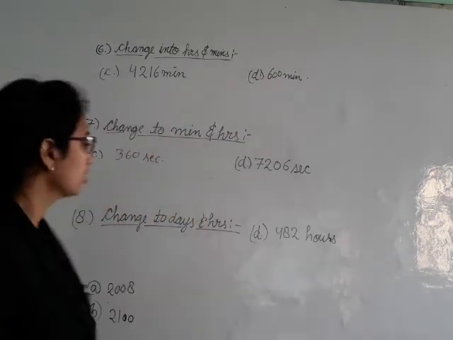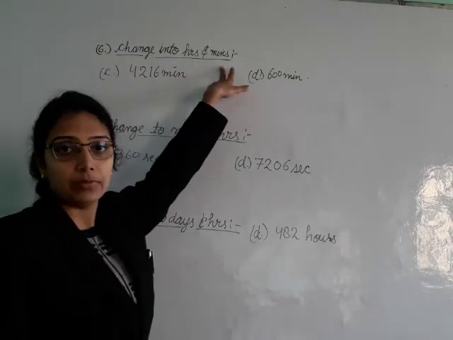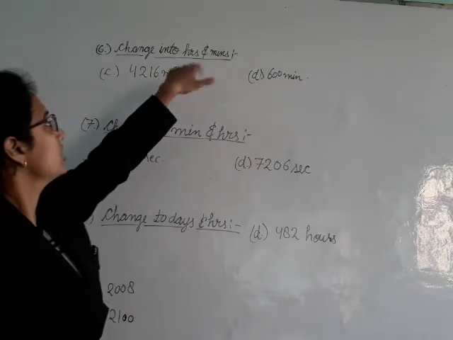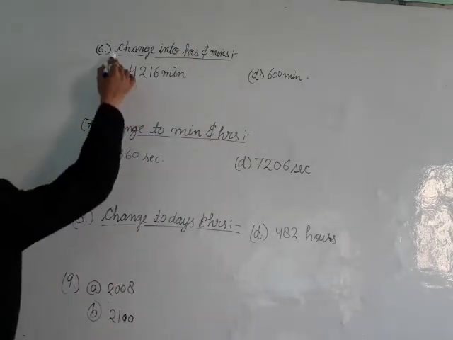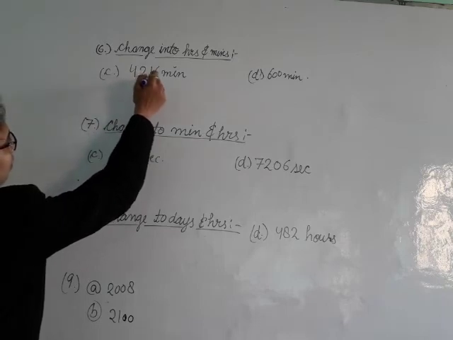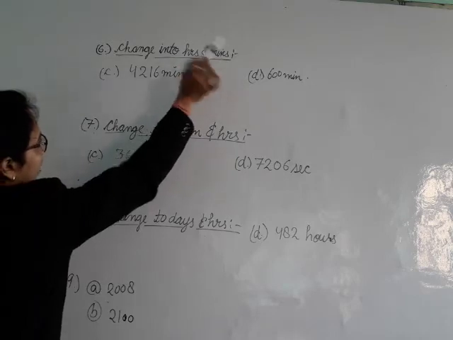Okay, dear students. After that, our sixth part is change into hours and minutes. How to change into hours and minutes? Listen carefully. Our question is C part, 4216 minutes. We have to convert it into hours and minutes.